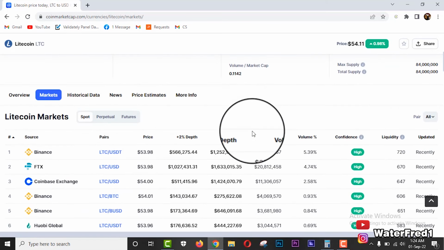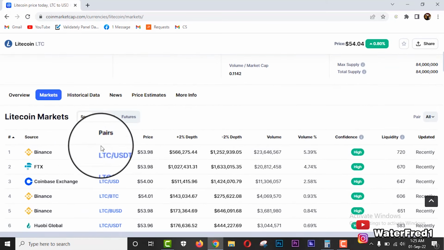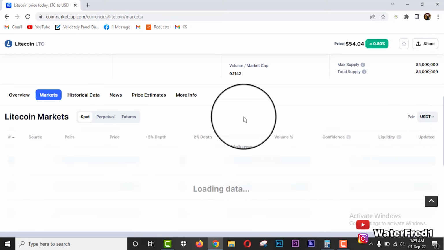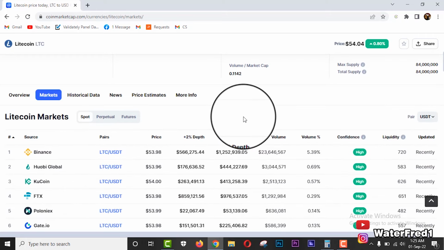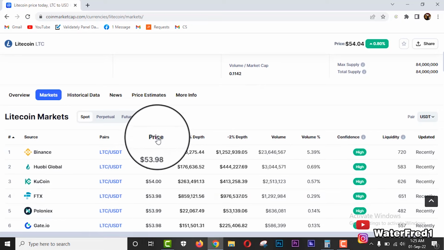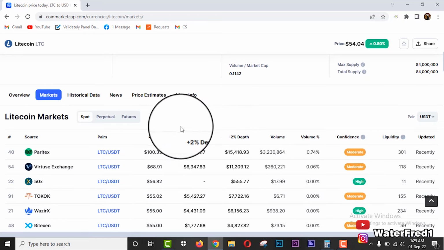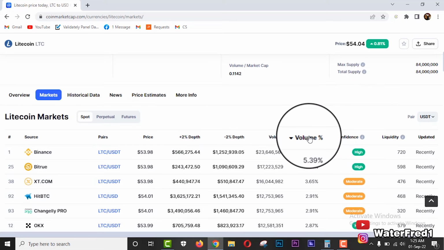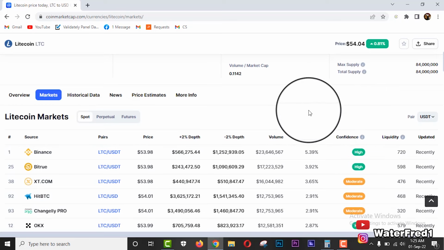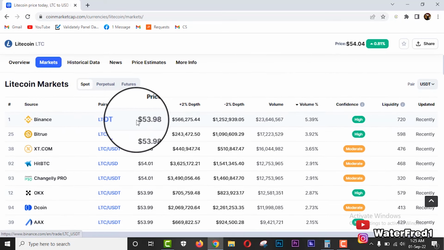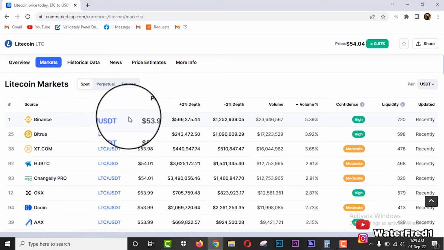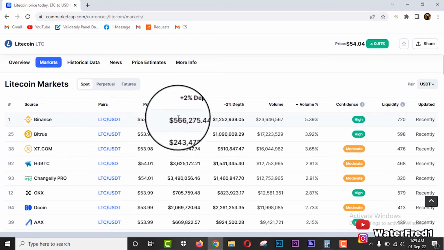Now when you click on market and then we pair it via USDT like we did earlier, the next thing you're going to do, like I said before, is sort by price. When you sort by price, come again and then sort by volume. When you sort by volume, you see that Binance will be number 1. And then you can compare all your prices with Binance. That means you don't need 3 exchanges, you just need Binance and one other one.